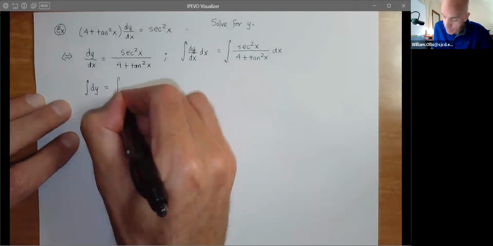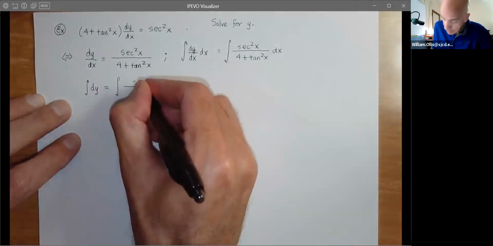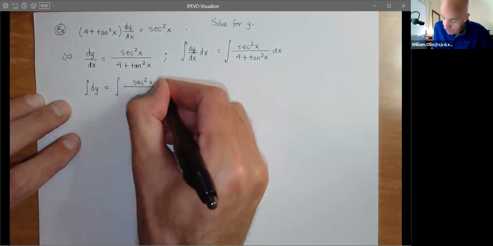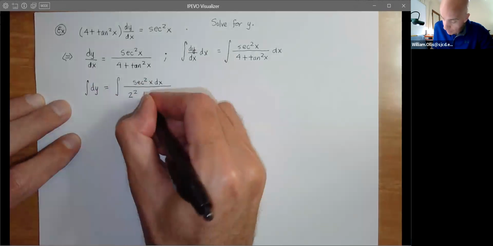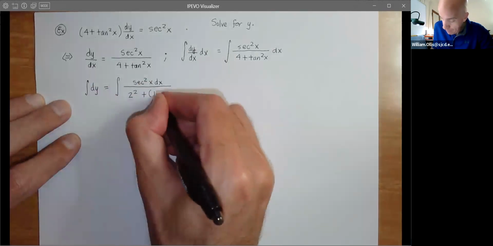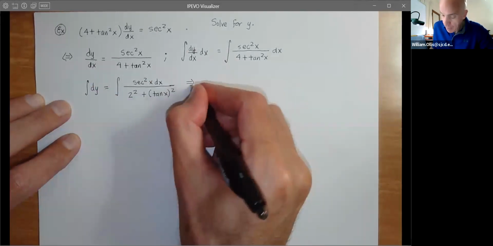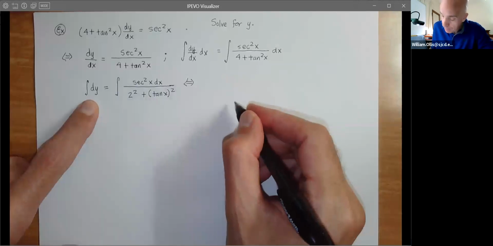And now we can dress this up. Of course, this is the inverse tangent form. I'll go ahead and write this more formally. So now, of course, the integral of the dy is just the y.